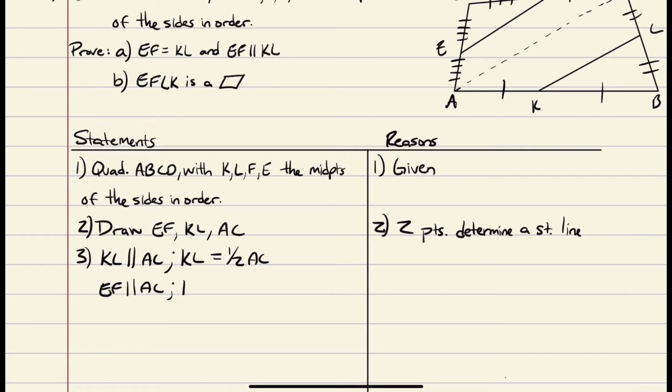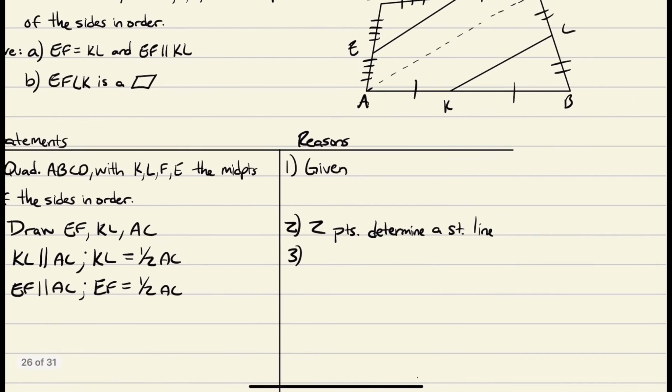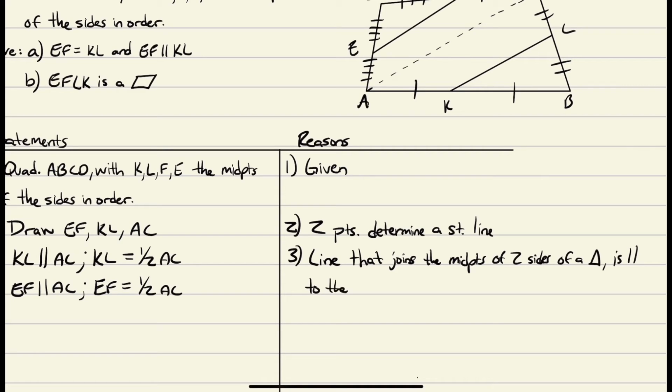And this was theorem number 25, which simply stated, in an abbreviated sense: a line that joins the midpoints of two sides of a triangle is parallel to the third side and equals 1/2 the third side.